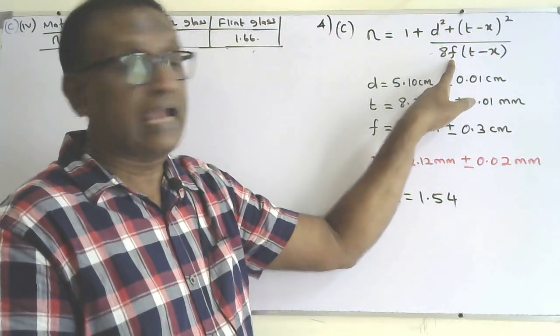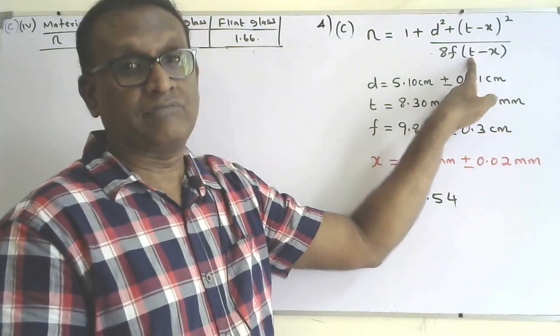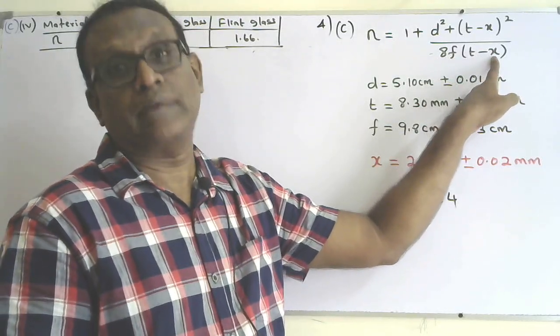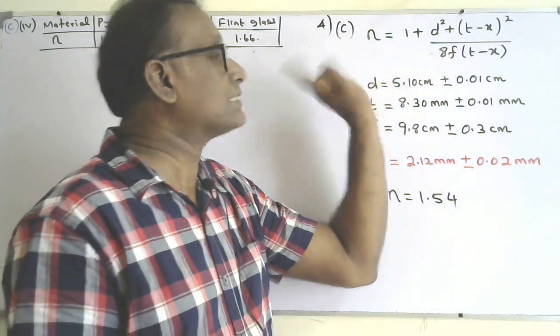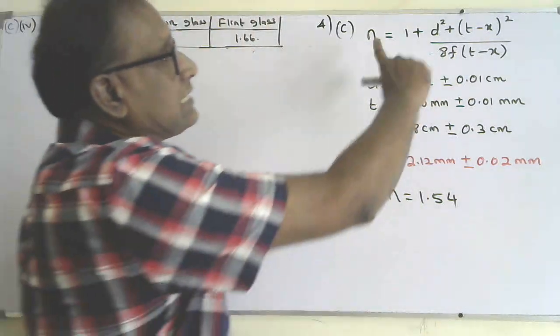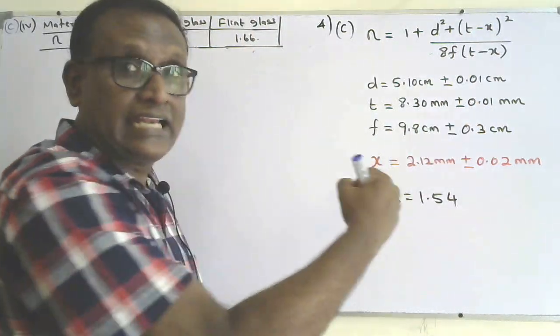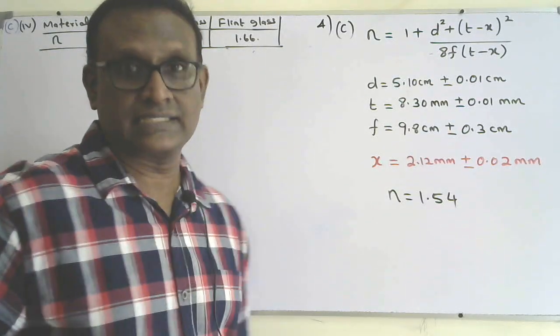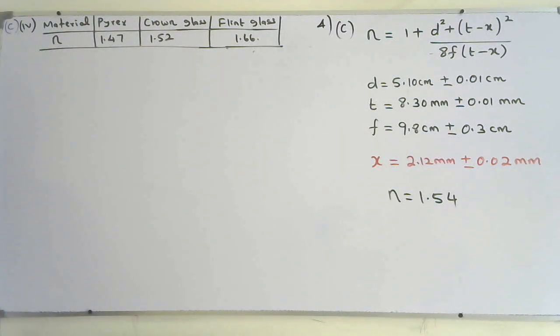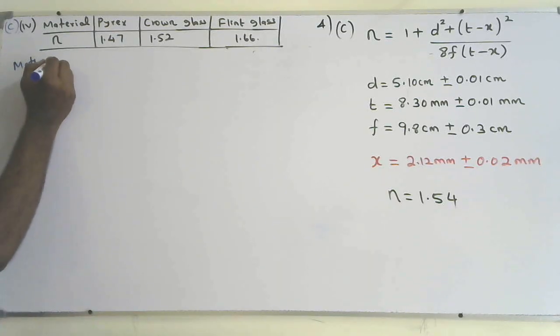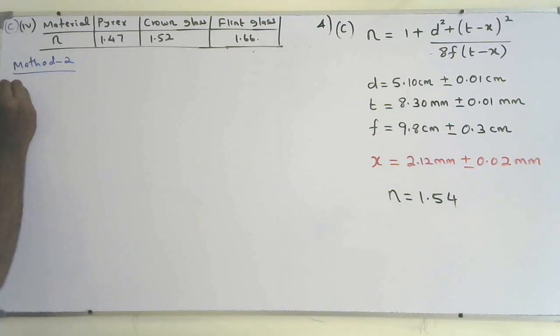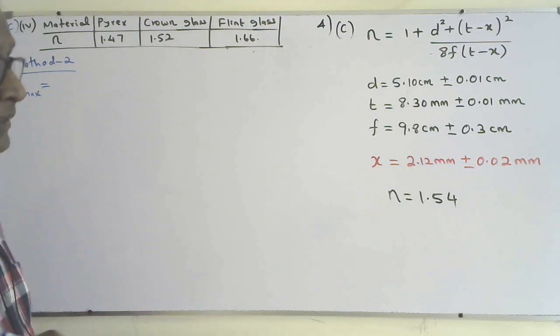In the same way, F should have the minimum, T should have the minimum, X should have the maximum to get the maximum N. So the maximum and minimum values we are going to get by using the uncertainties, right? So I'm going to find, in method 2, N max, the possible maximum value in my experimental results.